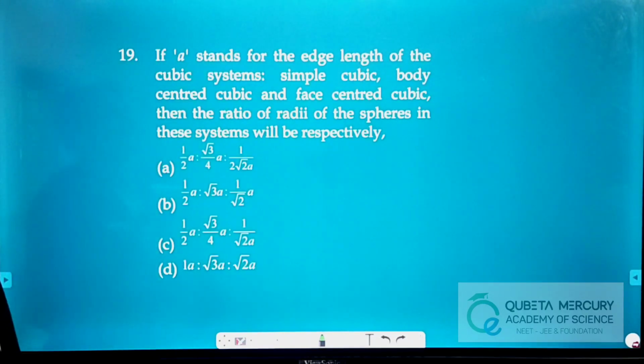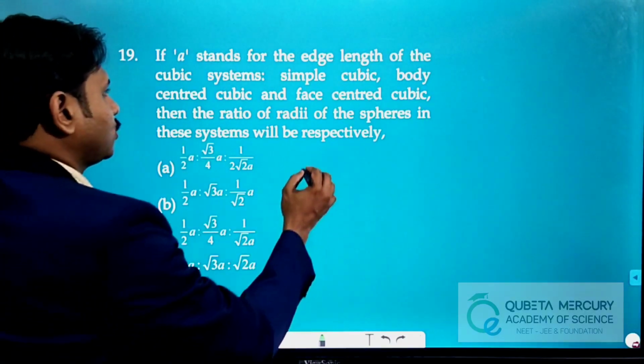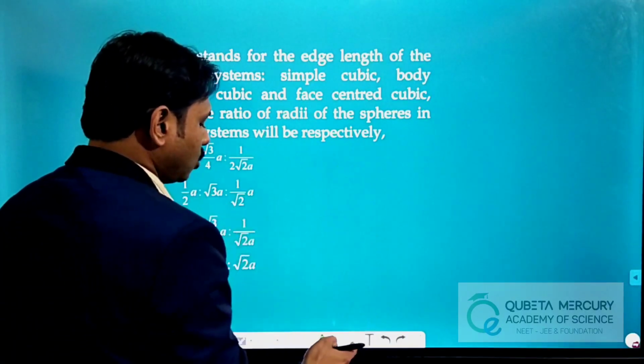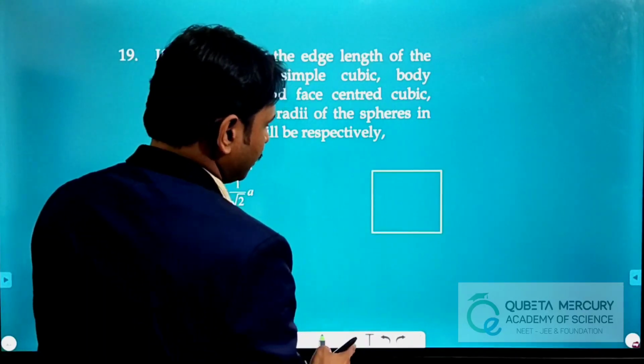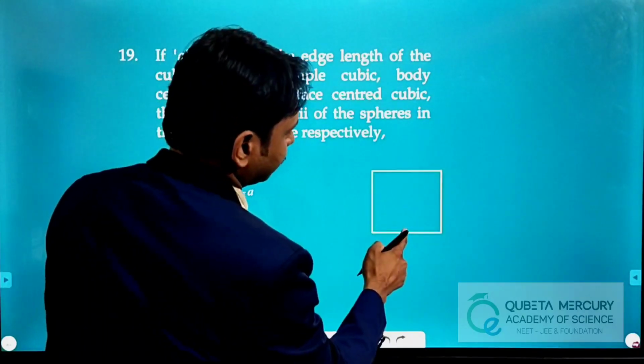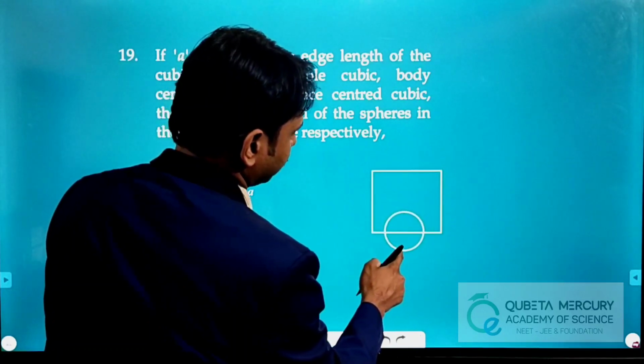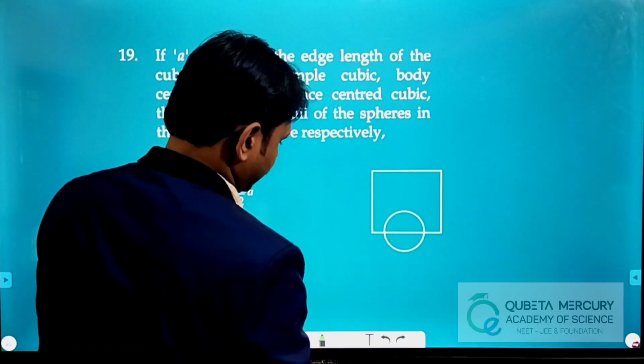If a stands for the edge length of the cubic system, simple cubic, body-centered cubic and face-centered cubic, then the ratio of radii of the spheres in this system will be, respectively. See, in case of simple cubic, very simple. Let me write here.